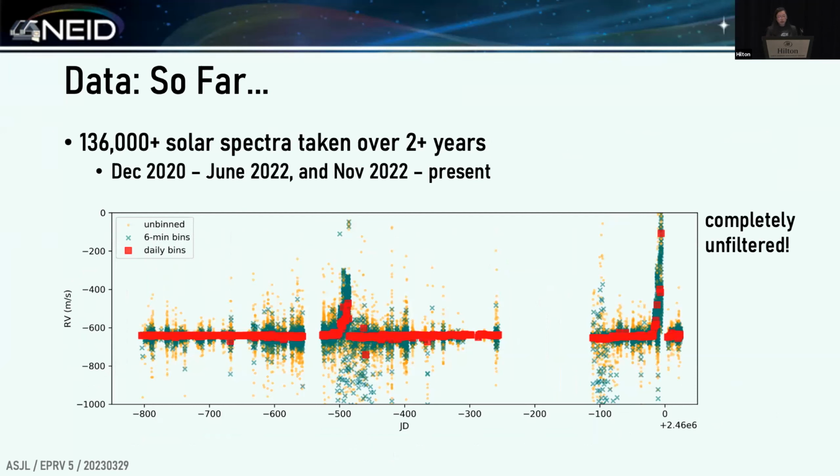There's unfortunately a break from June 2022 to November due to the Contreras fire on Kitt Peak. At the bottom, this is all the data, every single solar spectrum that I can pull from the NEID archive. So this is completely unfiltered. This is not cut by SNR. There is flagged data in here that we'll explain later.